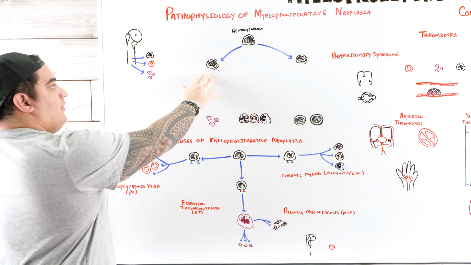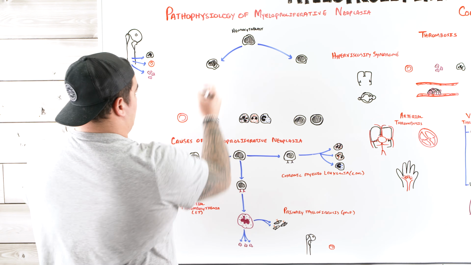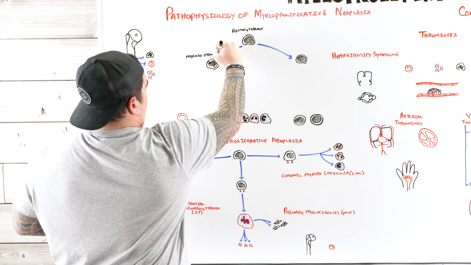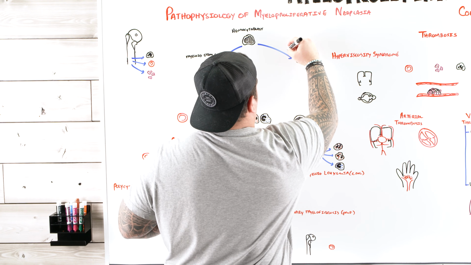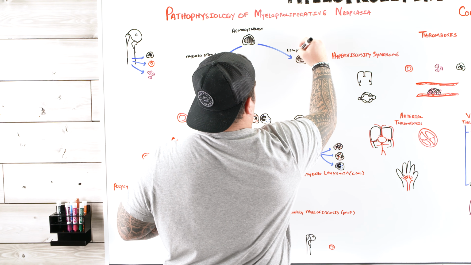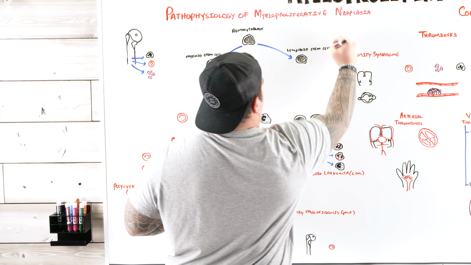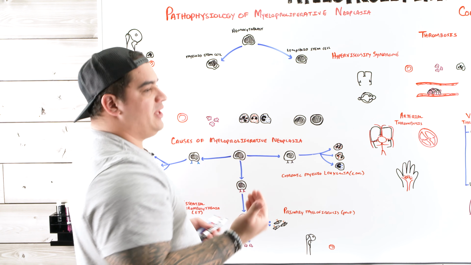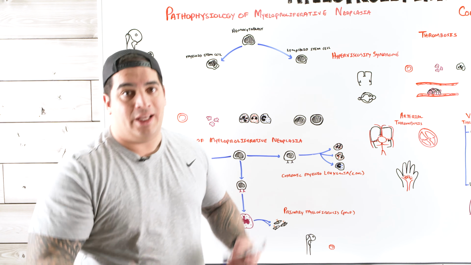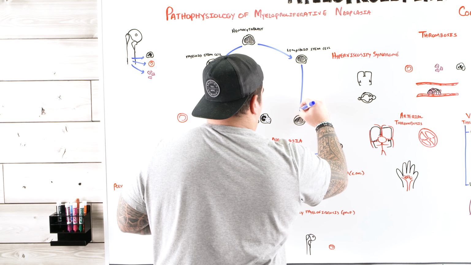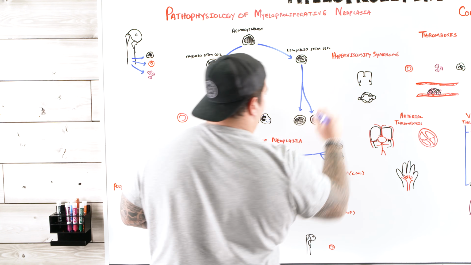And one will actually develop a myeloid stem cell, so this is our myeloid stem cell. And this one over here is going to be the lymphoid stem cell. We won't really talk about this too much now. It's good to get introduced to this because we're going to talk about this in our leukemia lecture, but lymphoid stem cells will eventually differentiate into lymphocytes.